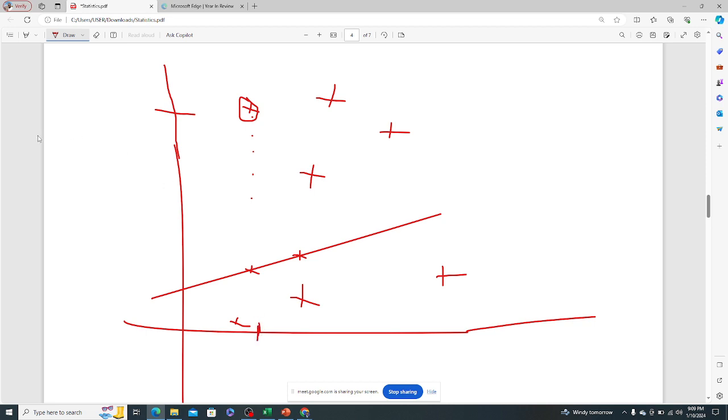Then look at this: this person has many years of experience, but the salary is very minimum. So with this kind of data, we cannot come up with a strong predictive model, a salary predictive model.